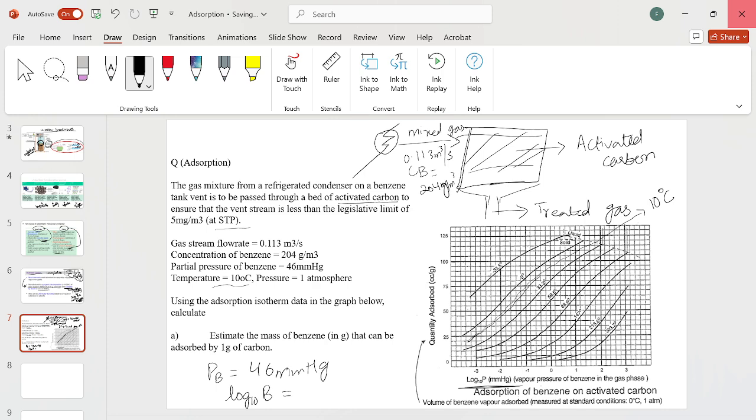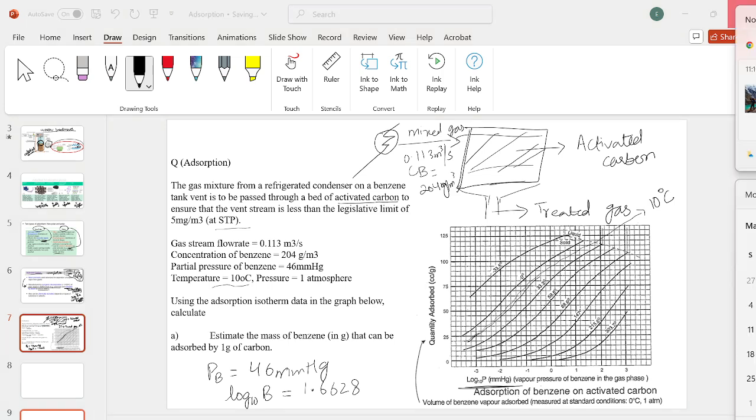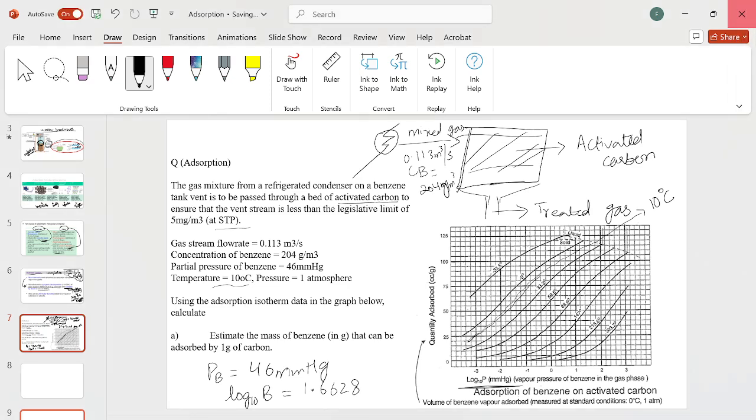We will take a log and we will get a value. Now we will plot a line here around 1.66. And if I change the color, we are getting around 118.